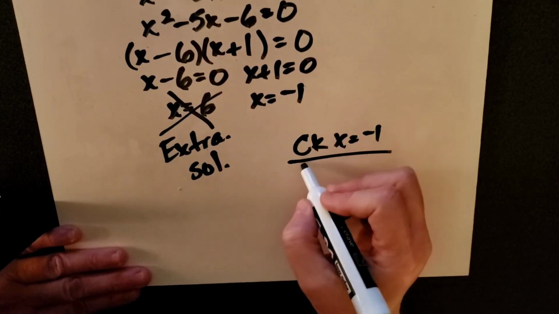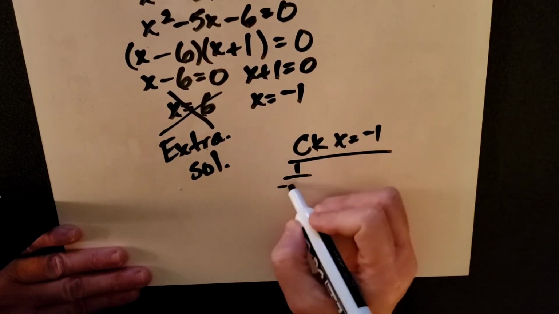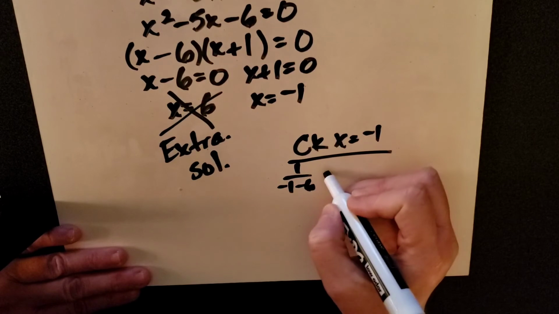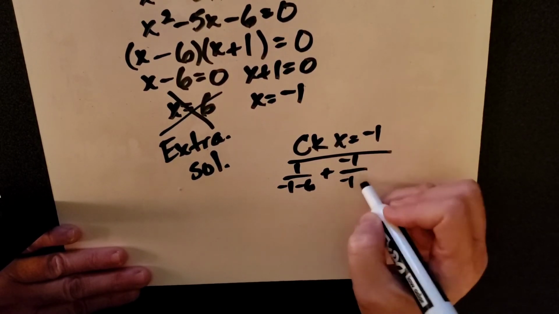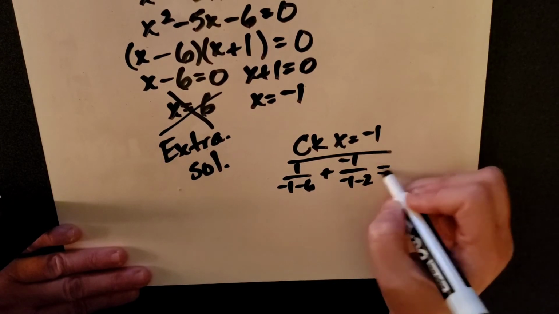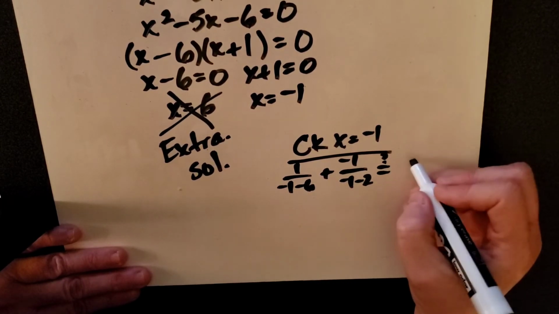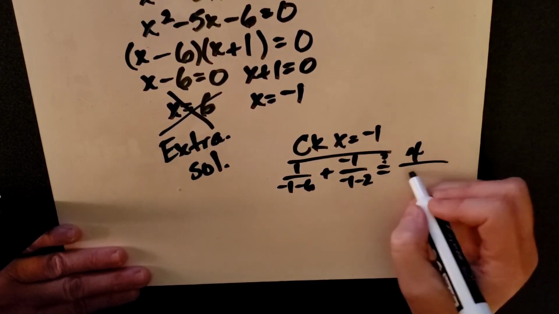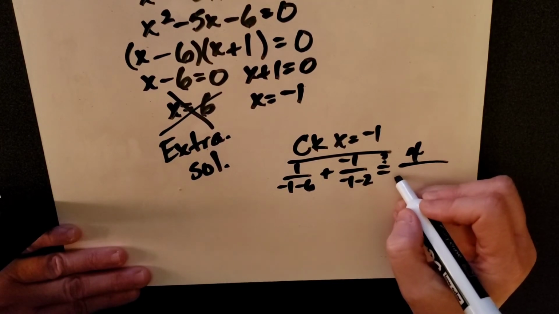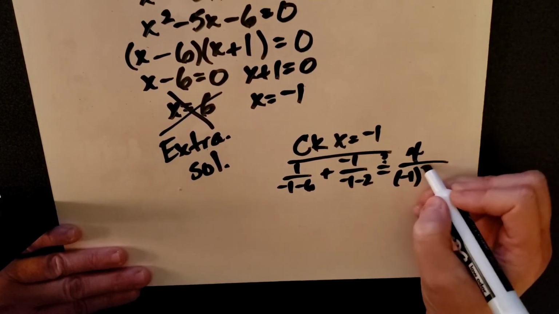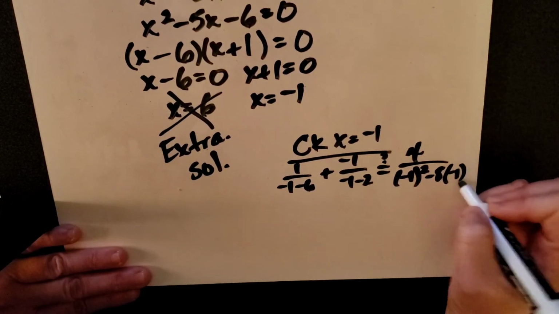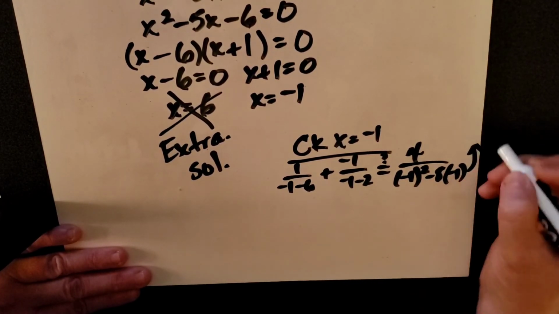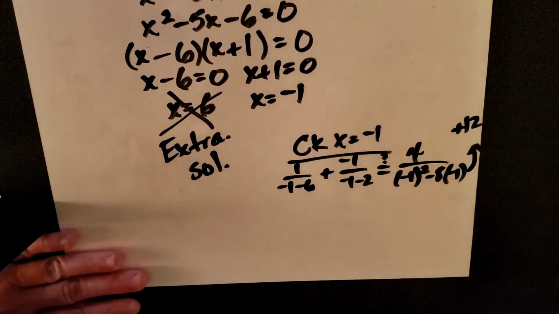So I'm going to check x equals -1. So I have got 1 over a -1 minus 6, excuse me, plus a -1 over a -1 minus 2. I'm asking myself, is that equal to a 4 over a -1 being squared, still going to run out of room, minus 8 times a -1, plus 12, okay?